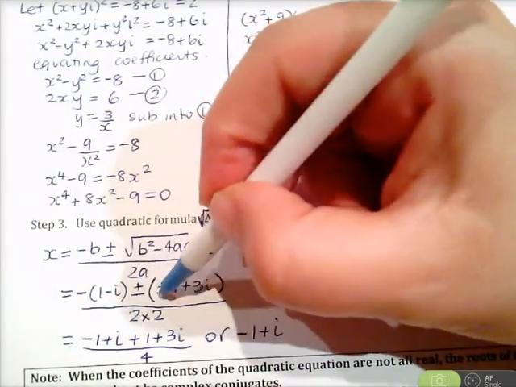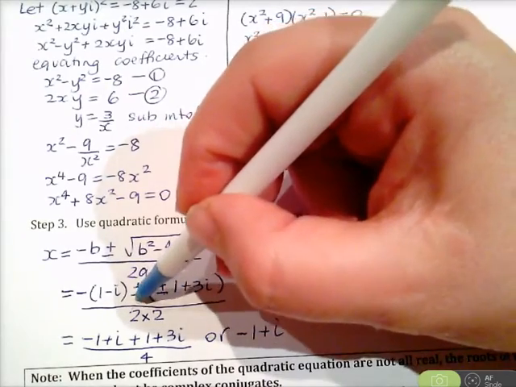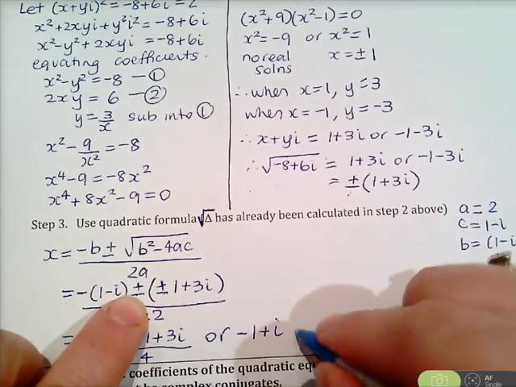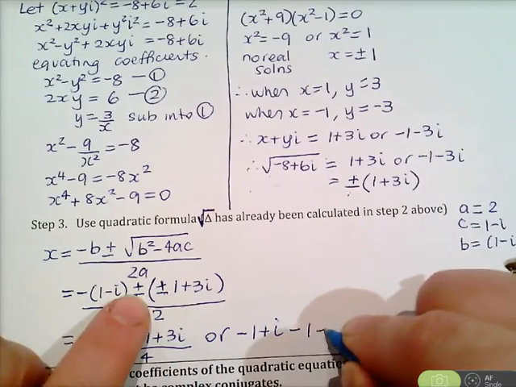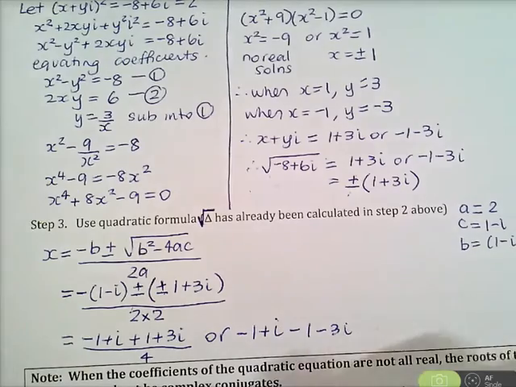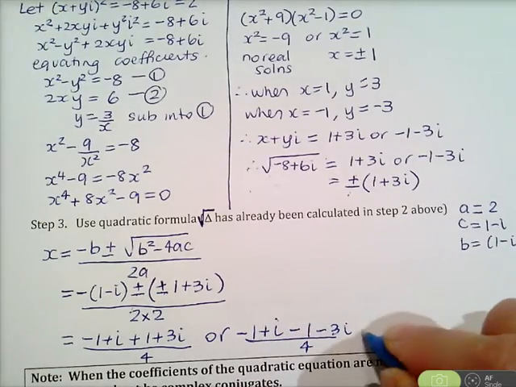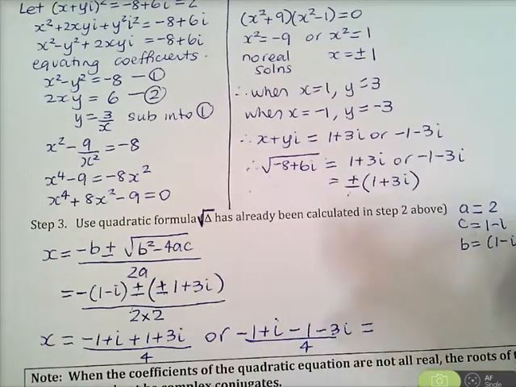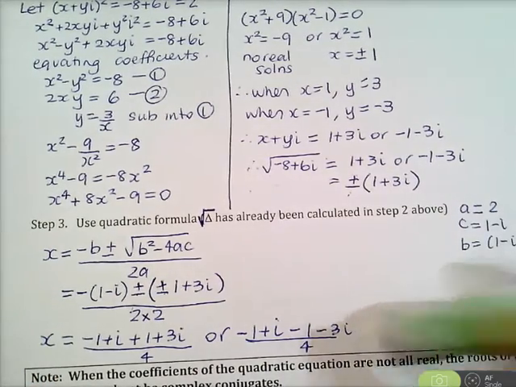Now, if you do the plus minus, you've got a minus, or if you do the minus plus, you've got a minus. So we do minus these. So -1 minus 3i over 4. Now simplifying that, this is what x is. Actually, I'll just move it up here.